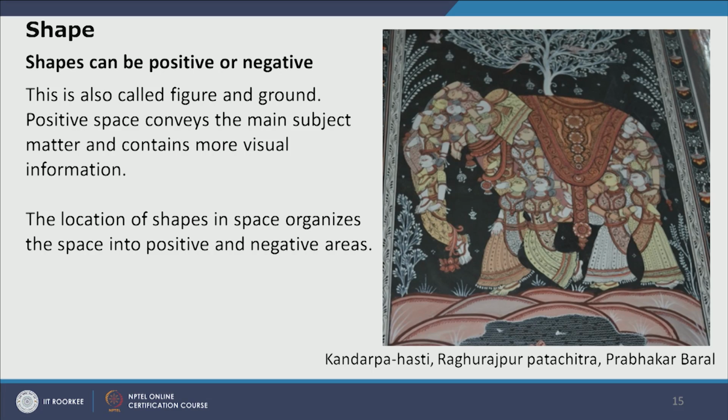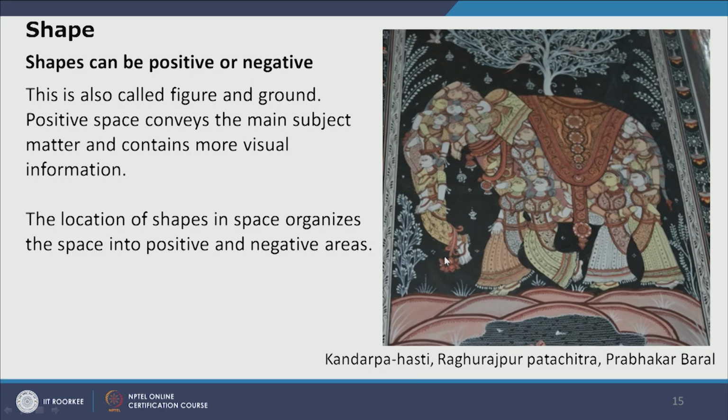Positive shapes have a lot of intricacy and more subject matter. In this example, we can see Kandarpa Hasti, a Patachitra drawing from Raghurajpur, and the artisan is Prabhakar Badal. Here we can see a Kandarpa Hasti, where a lot of women form the elephant.